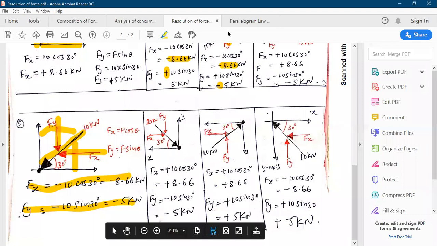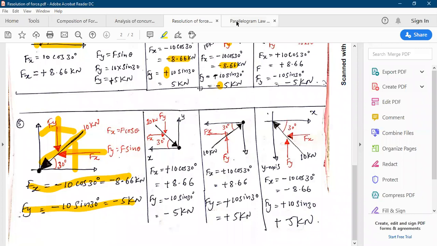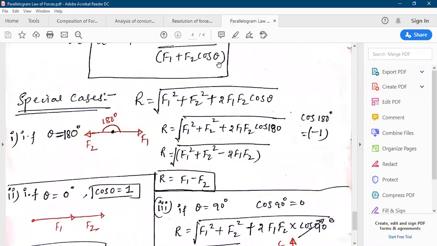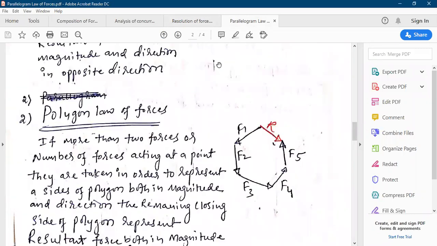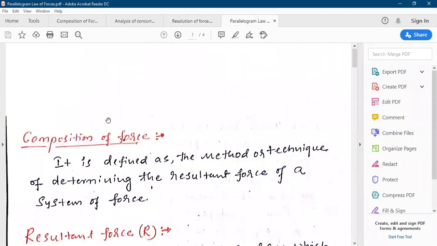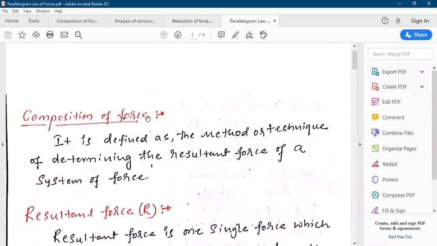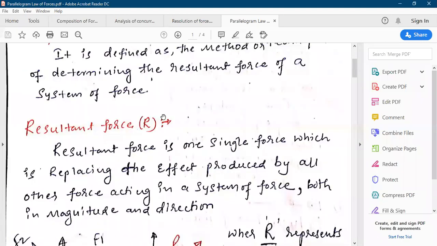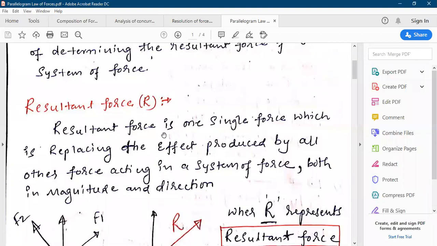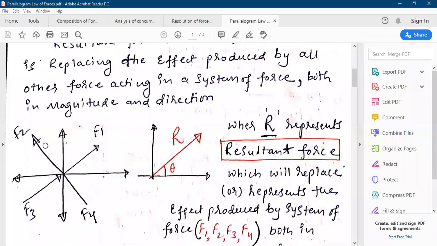Then we moved on to the definition of composition of force. Composition of force is the method or technique of identifying the resultant force. We can replace a number of forces and identify one single force which will represent all the other forces. For example, forces F1, F2, F3 and F4 are acting.